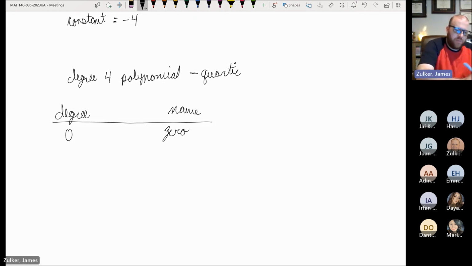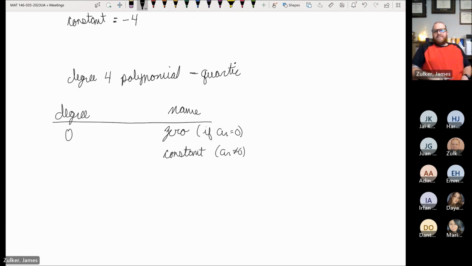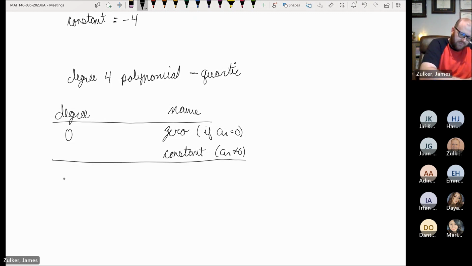It's either the 0 polynomial, right? Or it's a constant. Degree 1 is called linear.